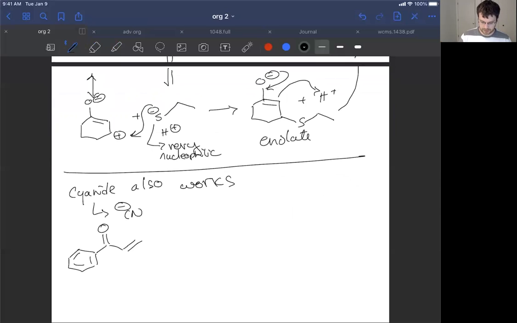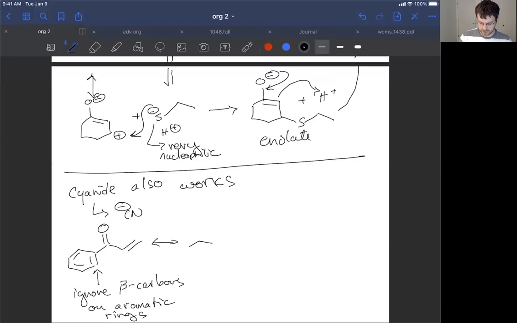I'm going to pick this example because this example points out the fact that we have to ignore beta carbons on aromatic rings. Why do we ignore those? Well, if we add there, we're going to lose aromaticity, and the molecule is not going to like it. So the beta positions that are within benzene rings cannot participate in the reaction. So we have to use the one that's not within the benzene ring, which is on the right.